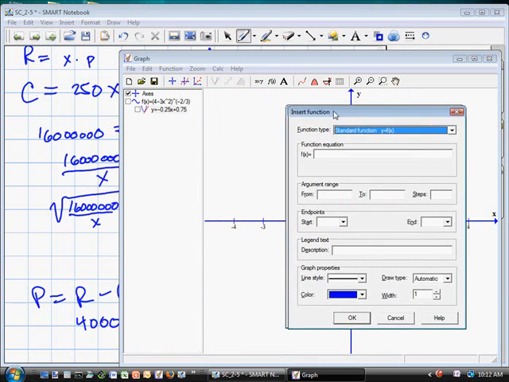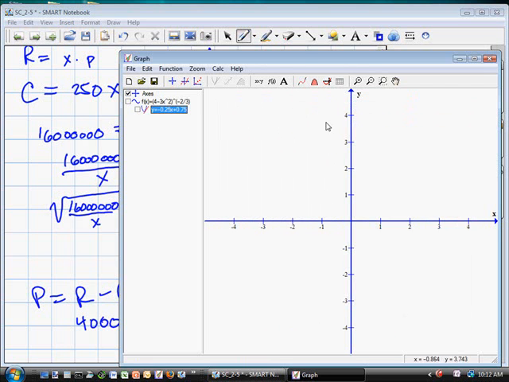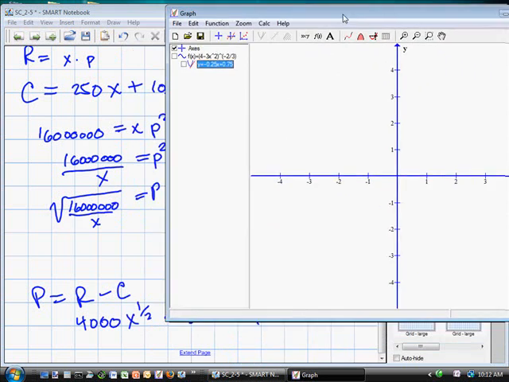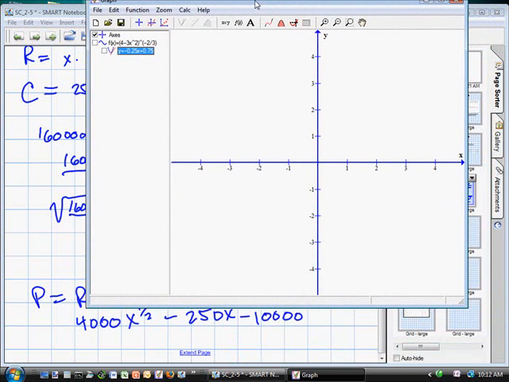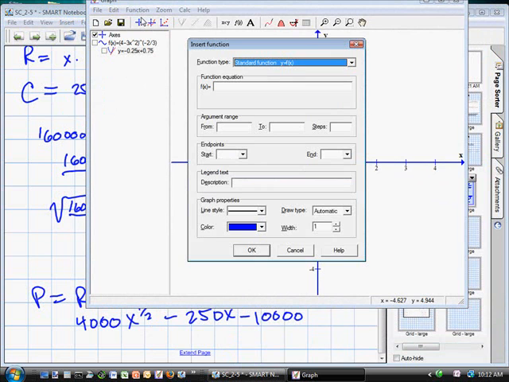So this time our function is, I gotta move this over just a tad, or up. There we go. So we want to do 4,000 times X to the 1/2 power minus 250X minus 10,000.